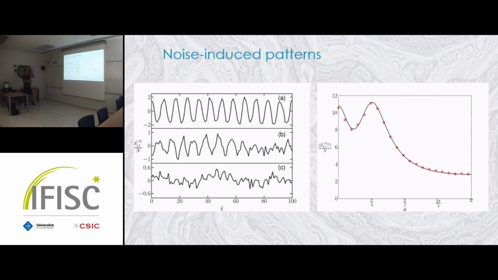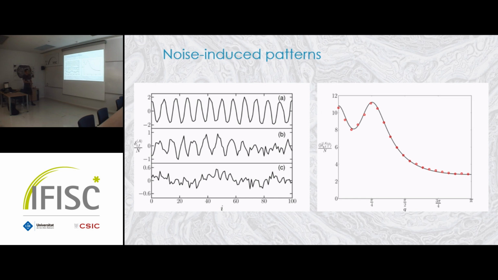If we have a peak in the power spectrum like this, then we say that we have these kinds of noise-induced patterns. This is our theory line that we produced, and these are individual-based simulations. You see that it agrees quite nicely.